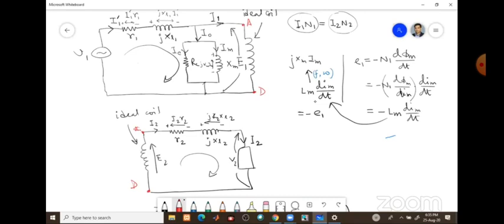Sir, but there are voltages E1 and E2 which are not equal. Correct. So it is not possible to connect directly, first because the voltages are not equal. So the E1 and E2 are not equal. In a simple sense, if you think of two terminals, if the voltages are not equal, what will happen immediately?